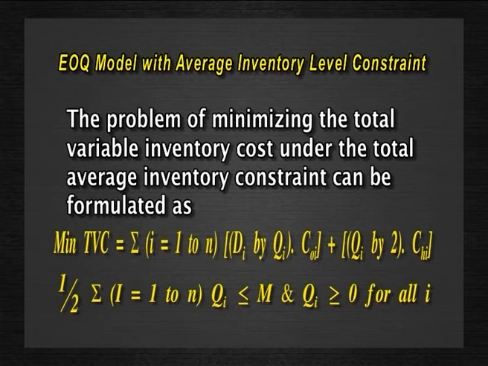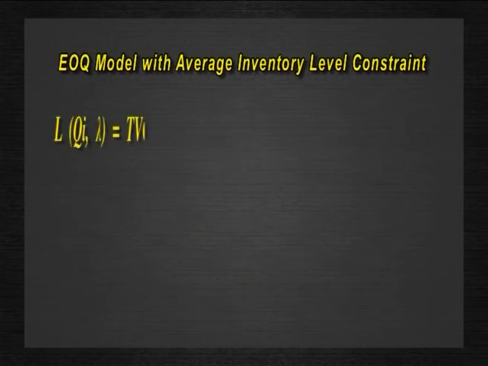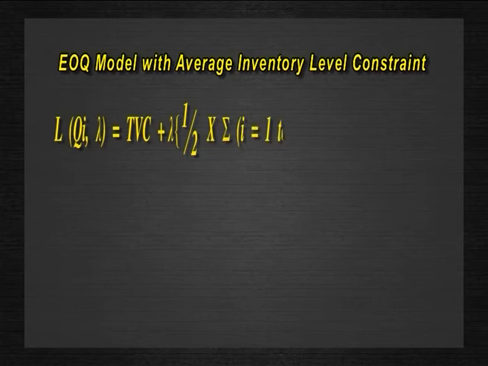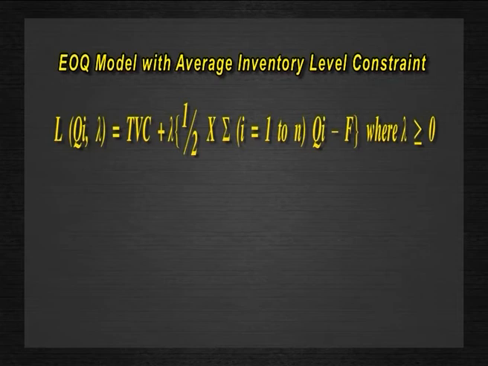Following the same argument as discussed in the earlier model, we can derive the following Lagrangian function as L of qi, lambda equal to TVC plus lambda into half into sigma of i equal to 1 to n, qi minus m, where lambda is greater than or equal to 0.